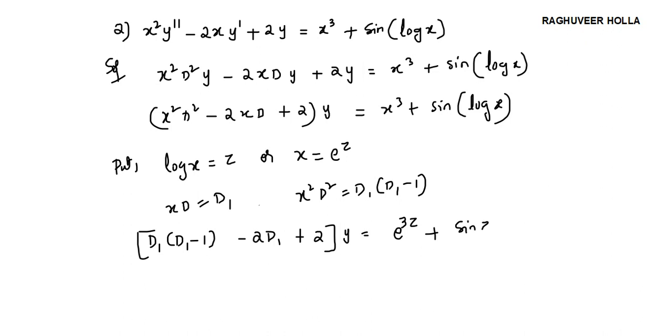And further, if I simplify it, I get d1 square minus 3d1 plus 2 into y is e to the power of 3z plus sine z, right?